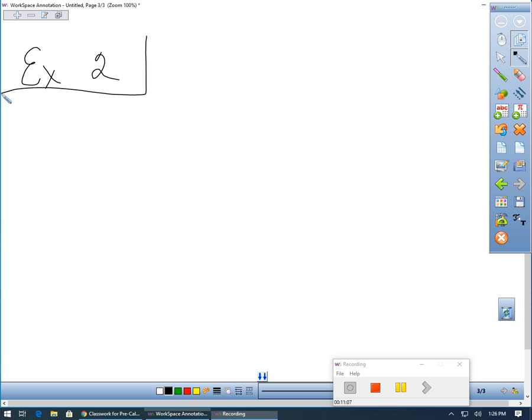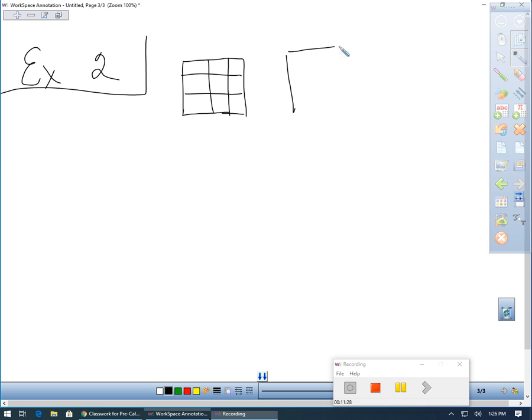All right, same 3 things I'm going to ask you to do. And here are our pictures. I'm going to try and draw this to the best of my capability. That's a block of 9, okay? And in this one, let me try drawing that a little bit better.